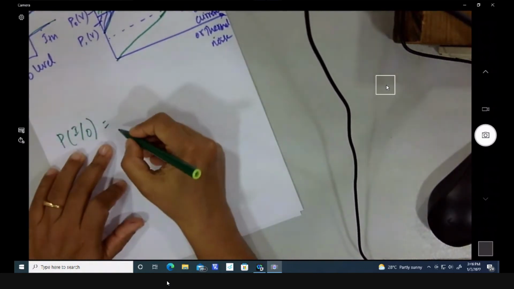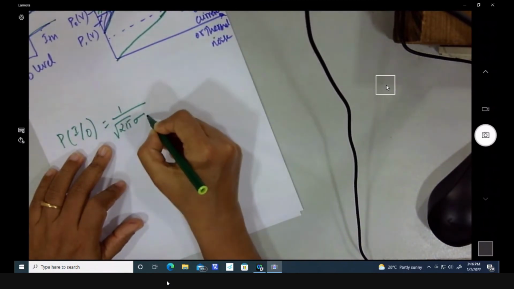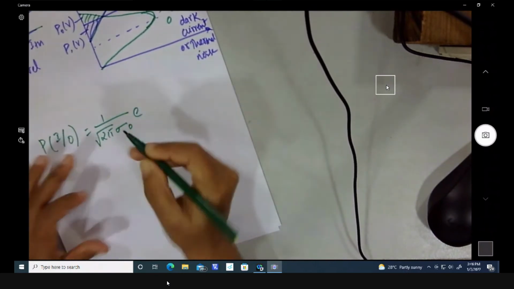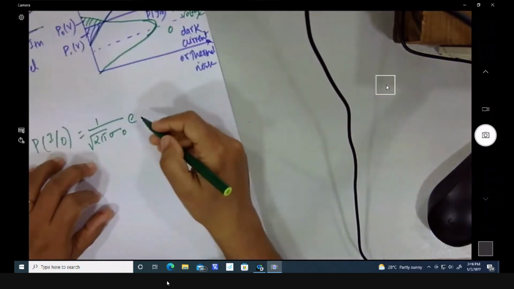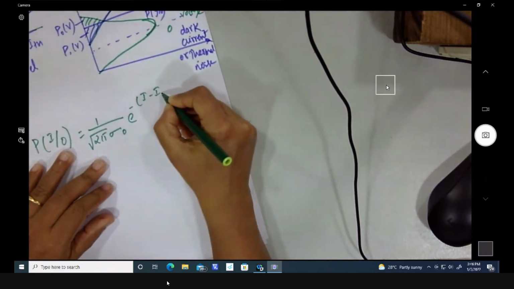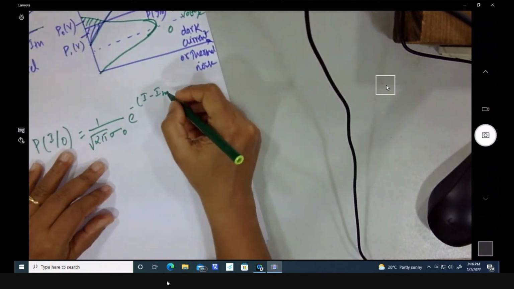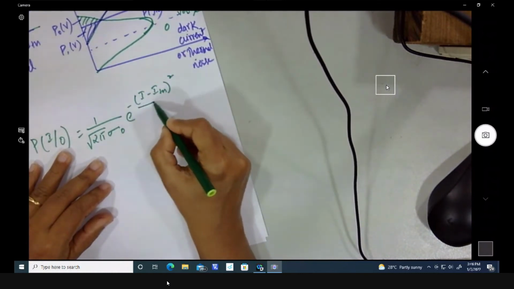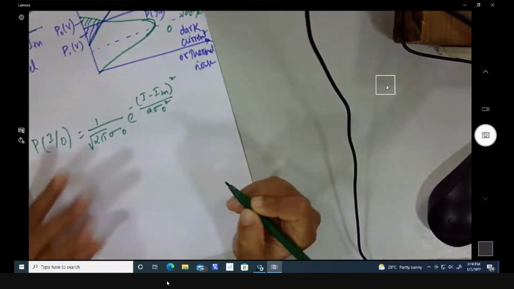So that will be given by 1 divided by root 2 pi sigma naught. Sigma naught is the standard deviation. So this is the standard density function because these two are in Gaussian variation. E to the power of minus (I minus I0) whole square divided by 2 times sigma naught square.